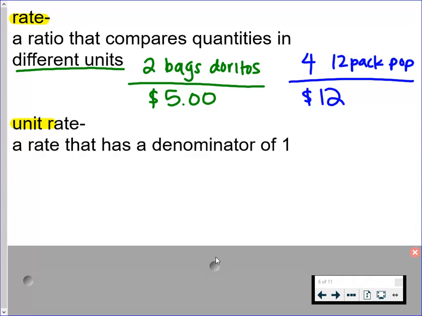Then, even more specific is a unit rate. And what is special about a unit rate? It has to have a denominator of 1. You also see this at the grocery store.